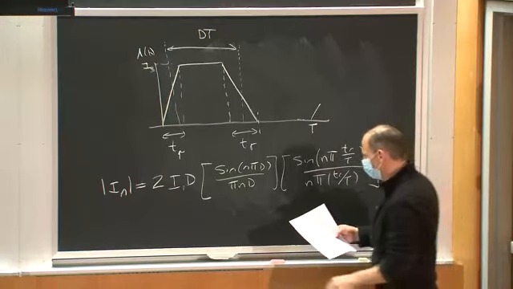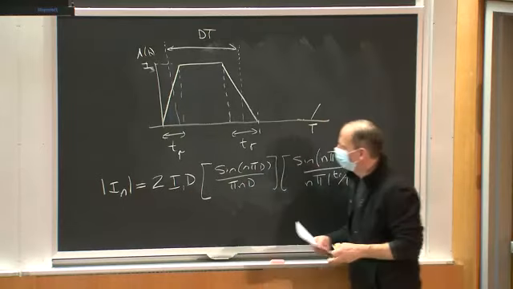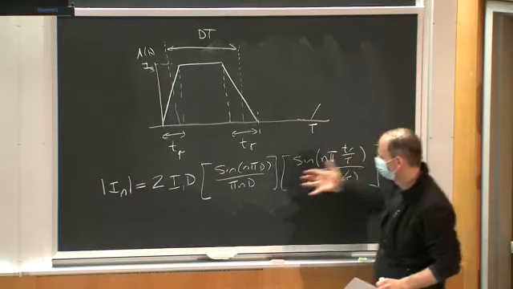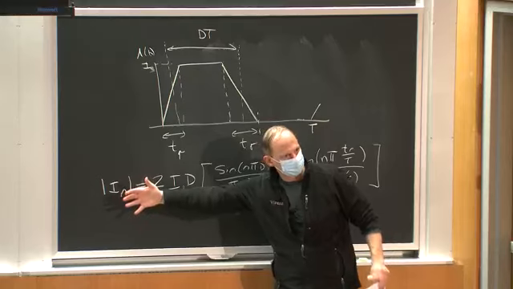So this is the nth coefficient, and the whole waveform is the sum of these individual Fourier coefficients.